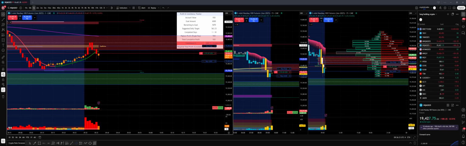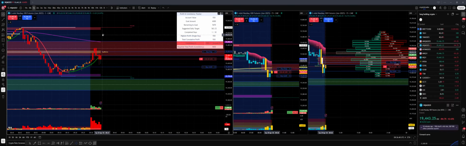Okay, we got a target at 407. I'm gonna bring this up. Oh yeah, we get a 409, so it's higher, so that's good. Got a target at 407.49. Bring my stop loss above the previous high.